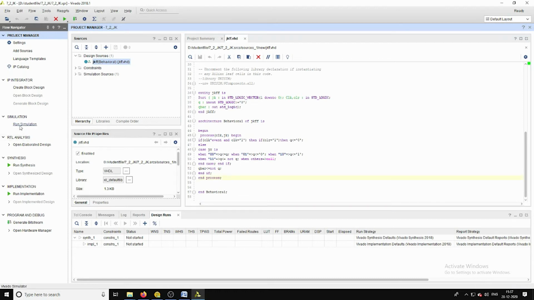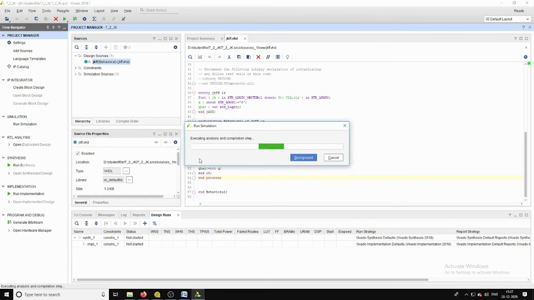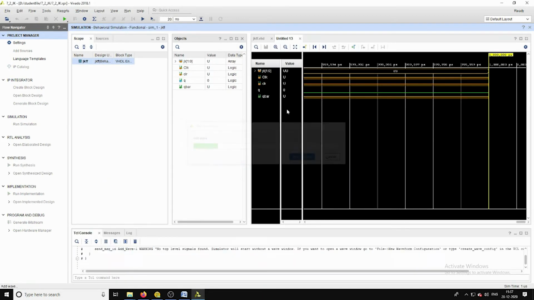Now let us do this simulation for this program to verify its characteristic table.